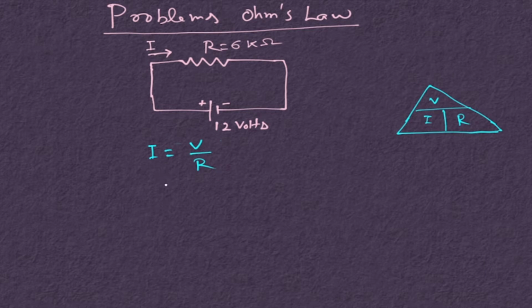Now V is equal to 12 volts, and resistance R is equal to 6 kilo ohm. 6 kilo ohms, that means 6 into 10 to the power 3 ohm.